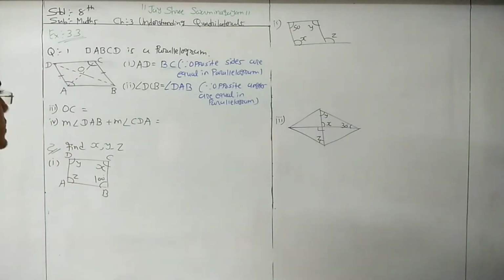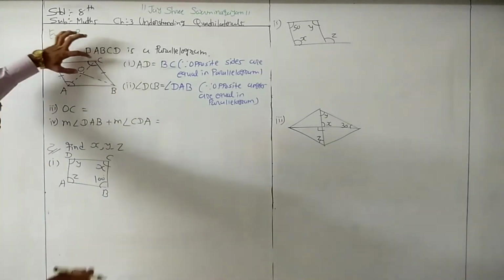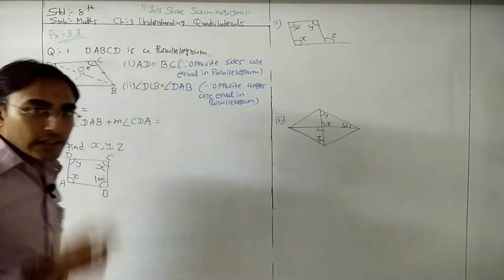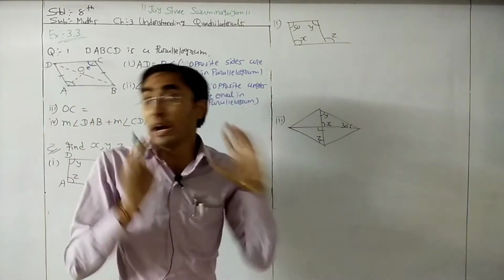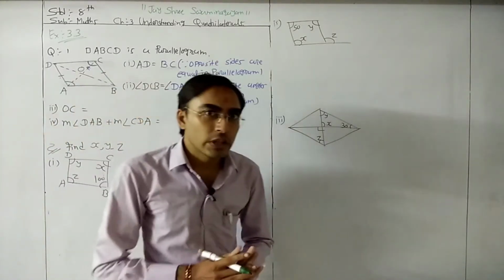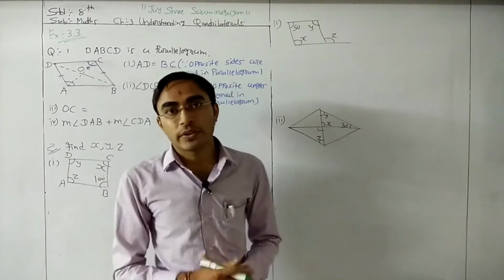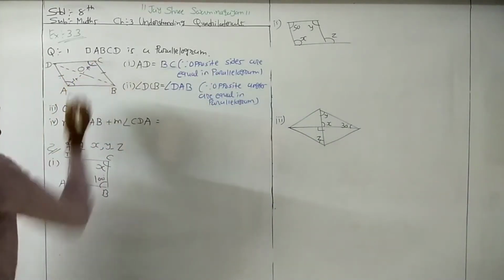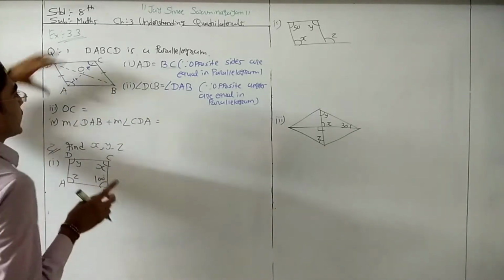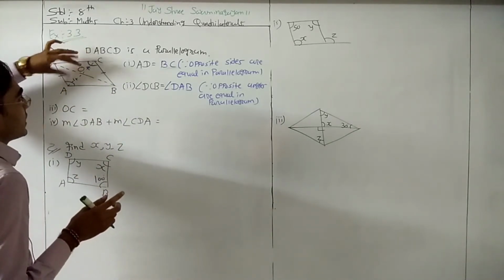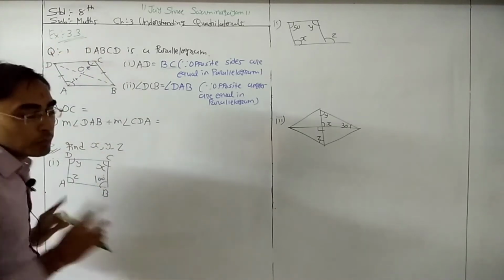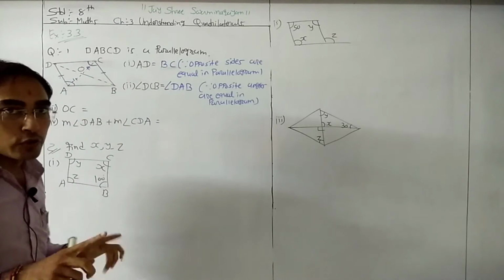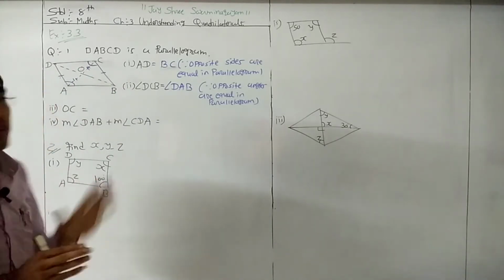The next is OC, that means this one only. O to C. Now we know that diagonals bisect each other. Bisect each other means two equal parts. So OC and OA are both equal, two equal parts of the same diagonal AC. In a similar way, OB and OD are also both equal.